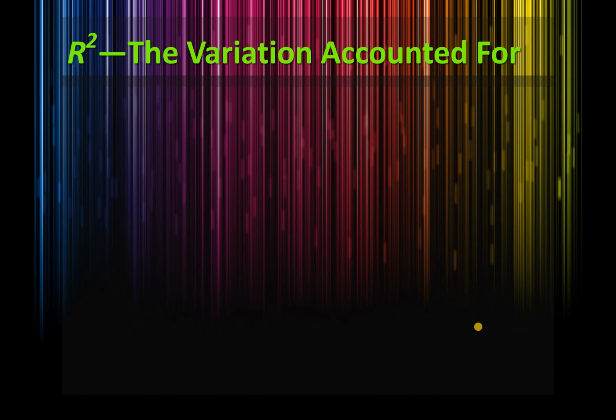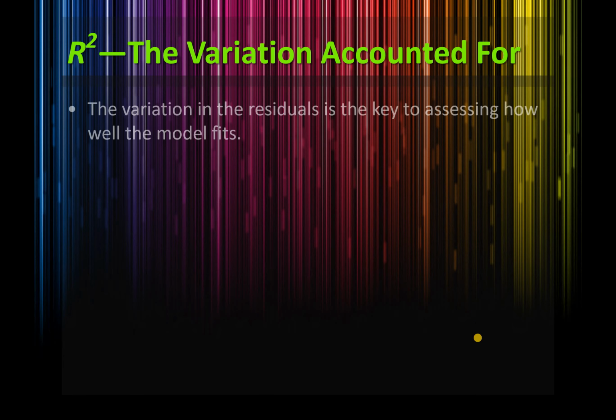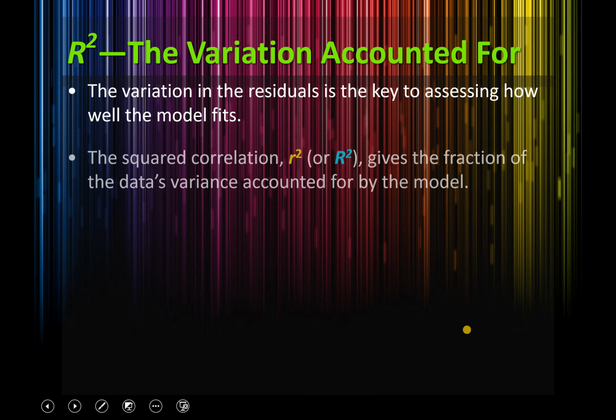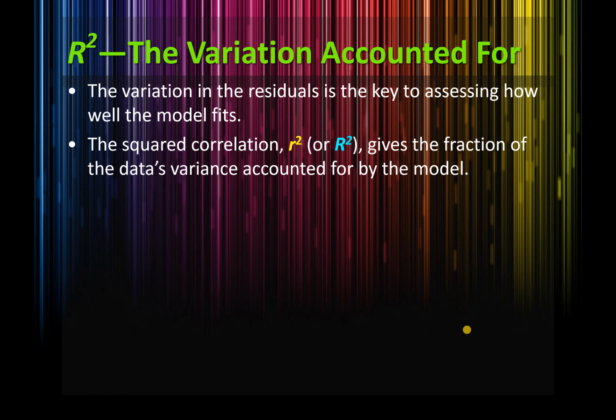So there's that other value that you get from doing regression, and that is R². And that is, in effect, squaring your correlation coefficient. This is extremely key in telling us how well the model fits. It's no longer just telling us whether it's positive or negative, but it also gives us some very important data. What this tells us is the fraction of the data's variance accounted for by the model.